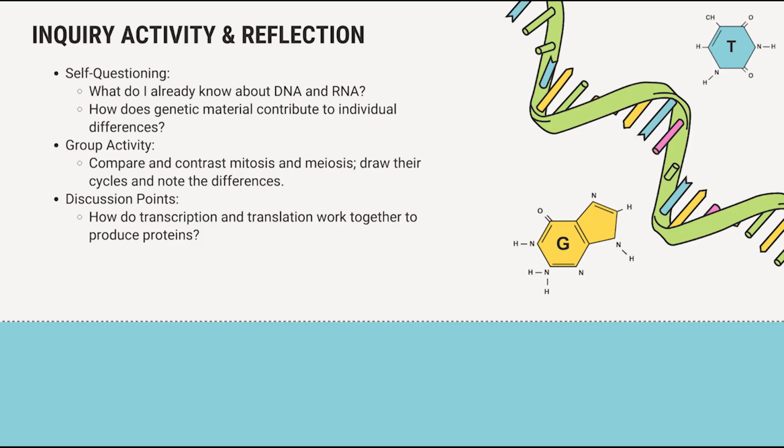The third one is, how do transcription and translation work together to produce proteins? In your group or individually, try to compare and contrast mitosis and meiosis by drawing their cycles and discussing the differences. Let me know your thoughts in the comments.